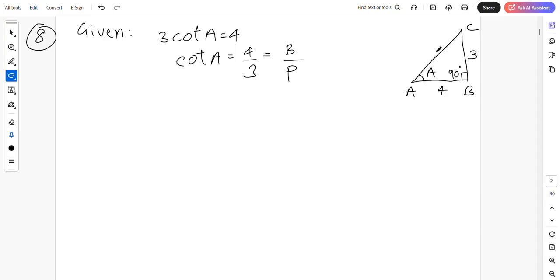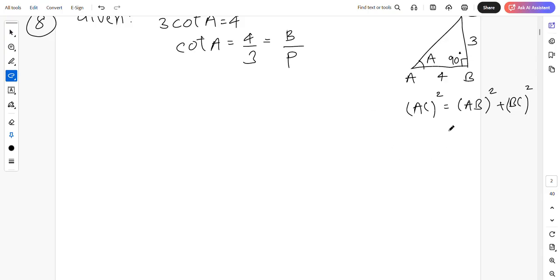This is the hypotenuse. How to calculate it? AC square is equal to AB square plus BC square, by Pythagoras theorem: the square on the hypotenuse is equal to the sum of the squares on the other two sides.